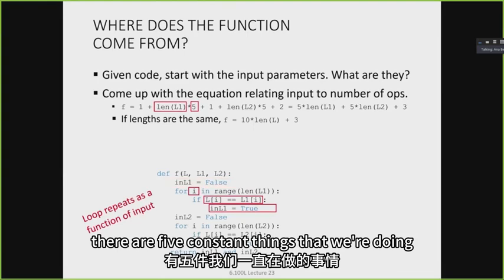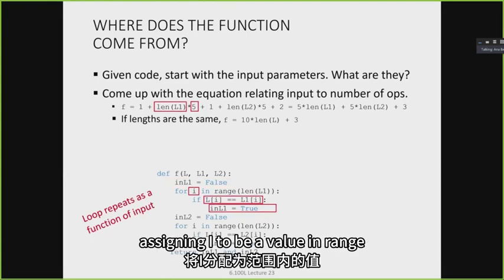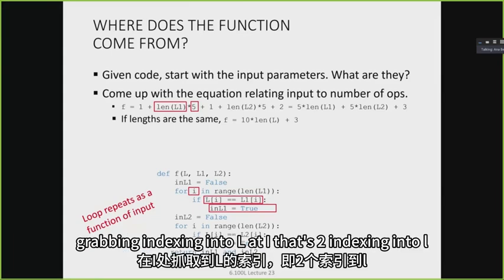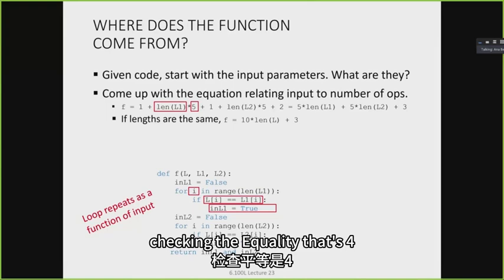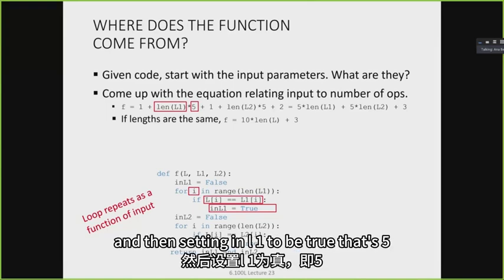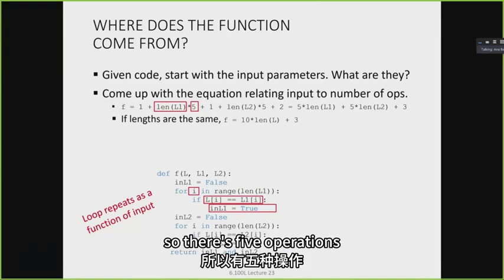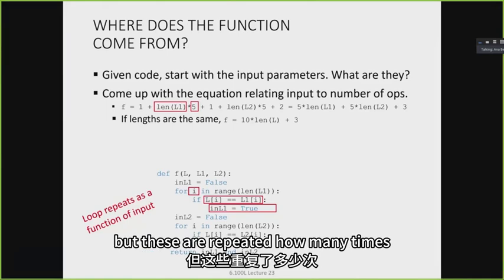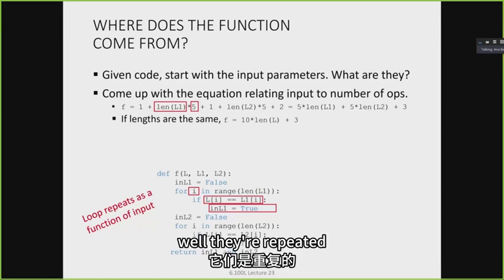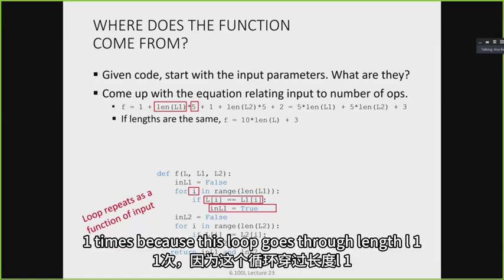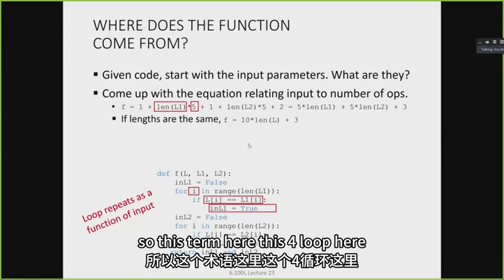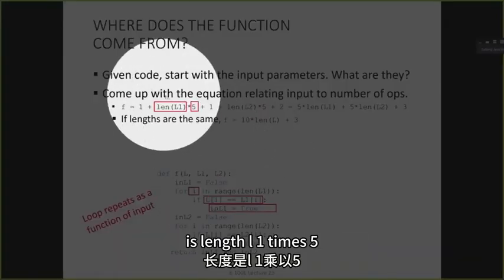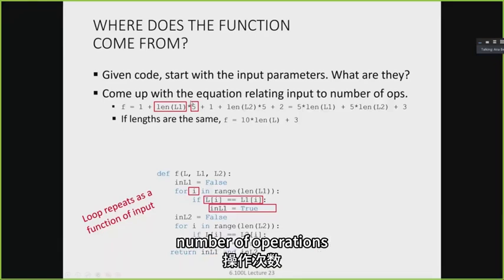There are 5 constant things that we're doing: assigning i to be a value in range, that's 1; indexing into L at i, that's 2; indexing into L1 at i, that's 3; checking the equality, that's 4; and then setting in L1 to be true, that's 5. So there are 5 operations, but these are repeated how many times? They're repeated length L1 times because this loop goes through length L1. So this for loop is length L1 times 5 operations.